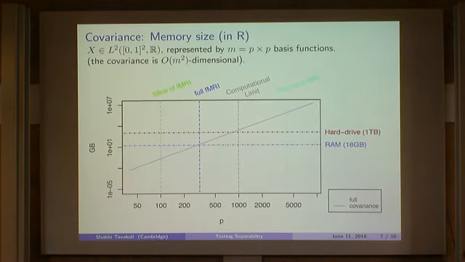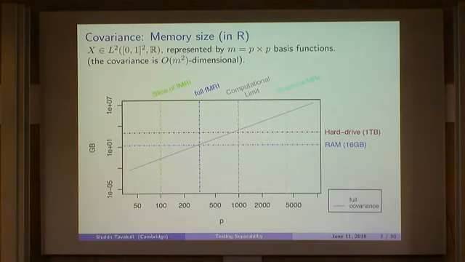And this is just to illustrate the computational complexity. Here X is a function on the square, and for each direction I have p basis functions, so I have m equals p squared basis functions, and this is p here. On the y-axis you have the memory used, and this line tells you how much memory you're using for a given p.